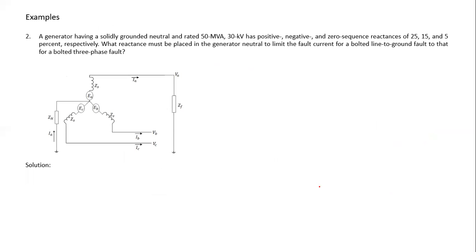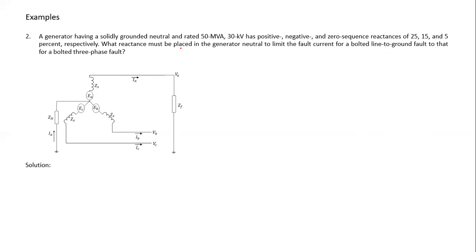Example number 2: a generator having a solidly grounded neutral, rated 50 MVA, 30 kV, has positive, negative, and zero sequence reactances of 25, 15, and 5% respectively.